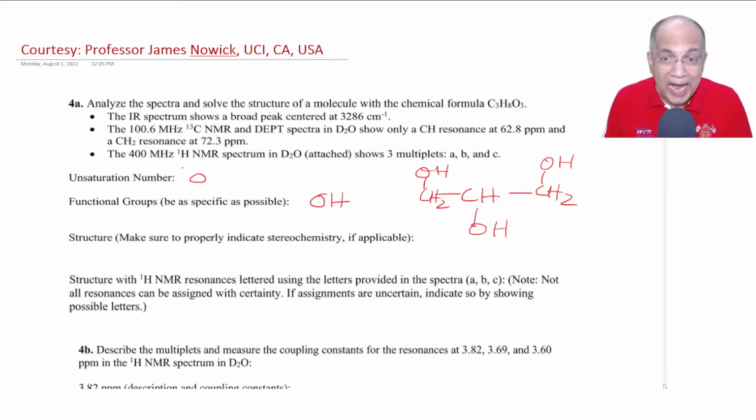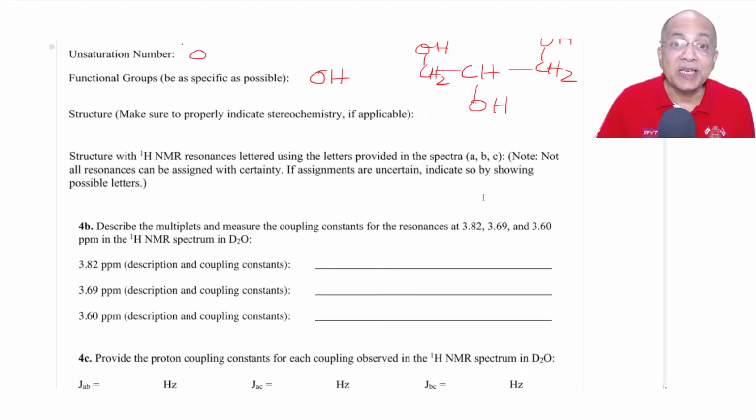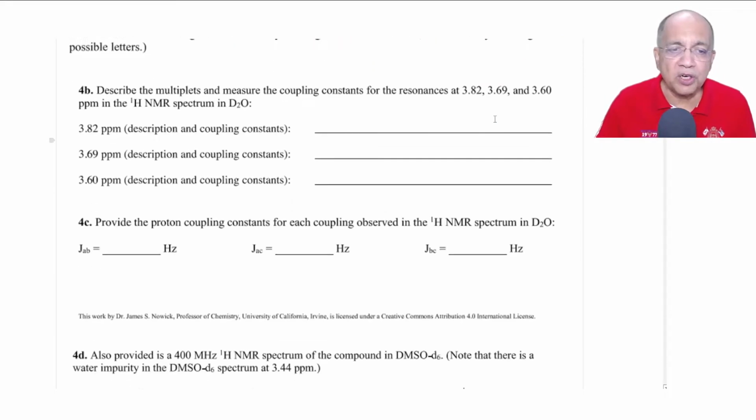But in the proton spectrum we have 3 peaks: one for one of the diastereotopic protons, which are equivalent here and here, and the other for the other diastereotopic proton, which are equivalent here and here. I'll show you, just hold on for a moment.